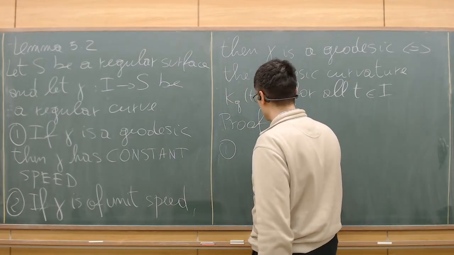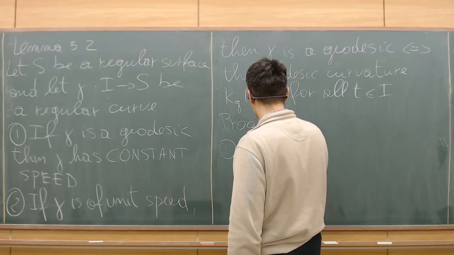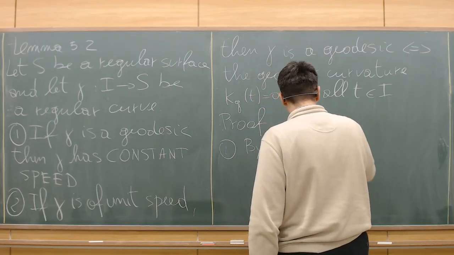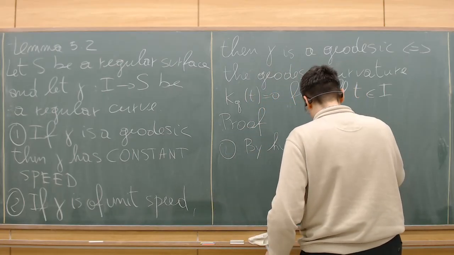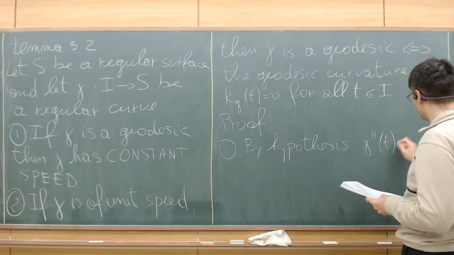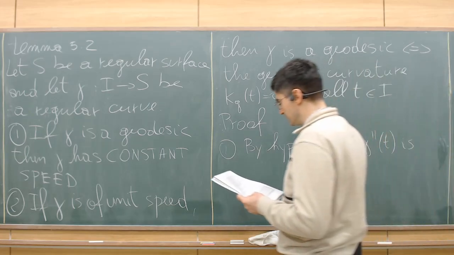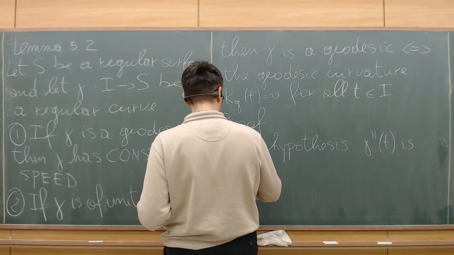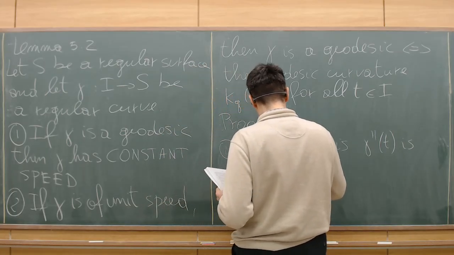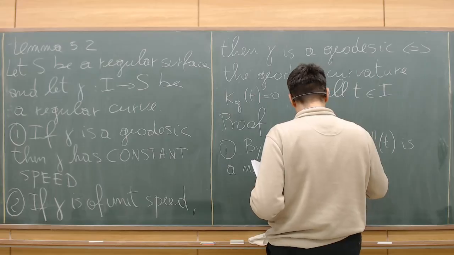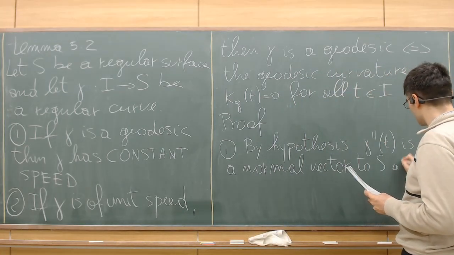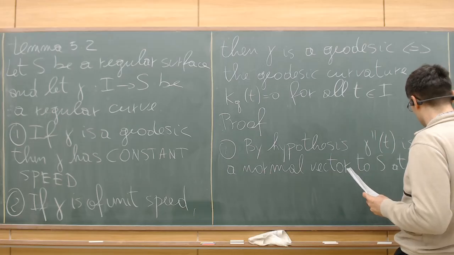If gamma is a geodesic, by hypothesis gamma second of t is a normal vector to S at gamma t.